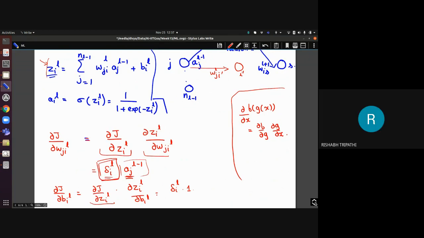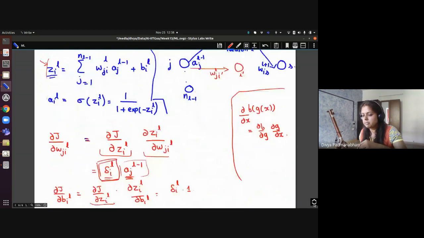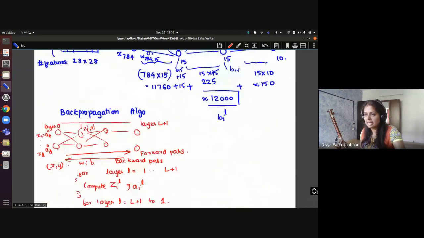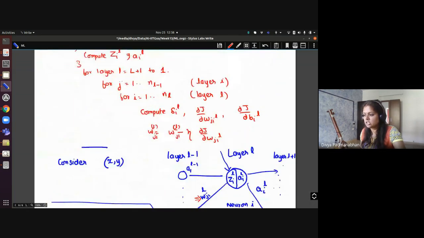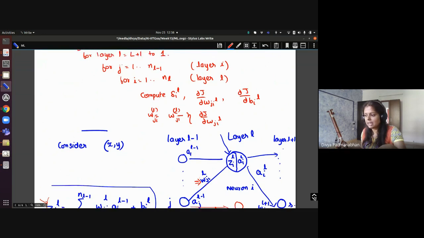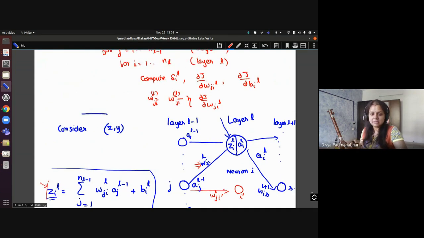Now the implementation of the algorithm. There is a dependence of the gradients on the previous layers' outputs. The gradient with respect to W_ij is going to depend on a_1 to a_(n_(l-1)), the n_(l-1) neurons in the previous layer, and on the outputs from all of those. So you do it in two passes.